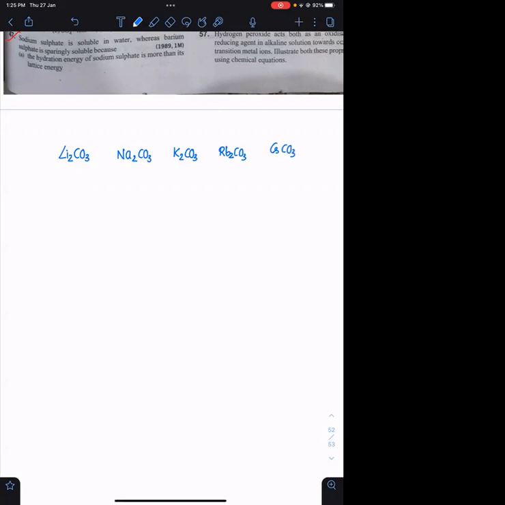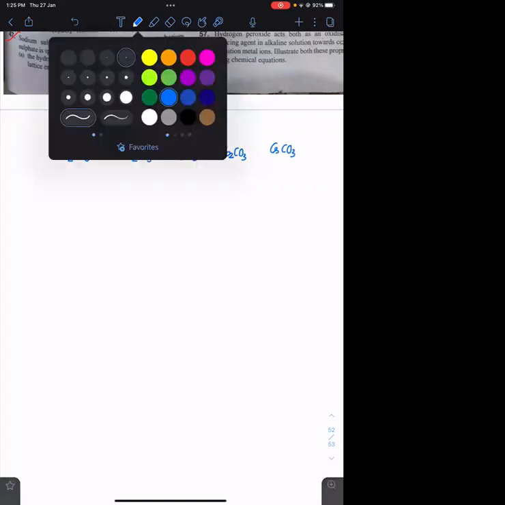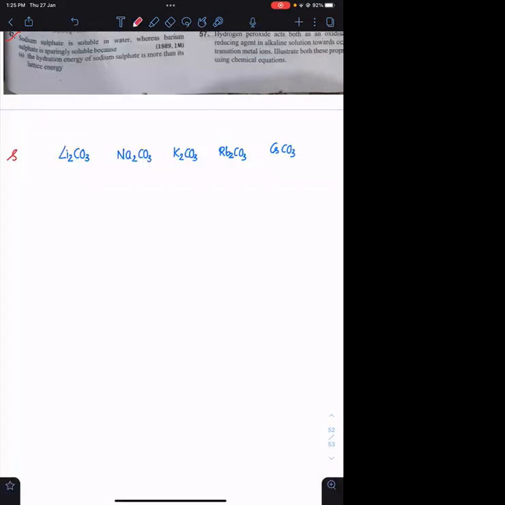What is the expected order of solubility? Tell me the order of solubility जो हम हमारे theory से lattice energy के हिसाब से जो मार्क करते हैं. Tell me that order.